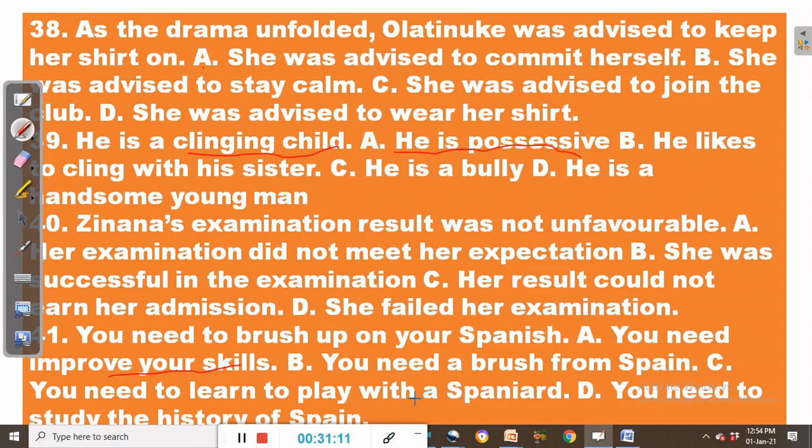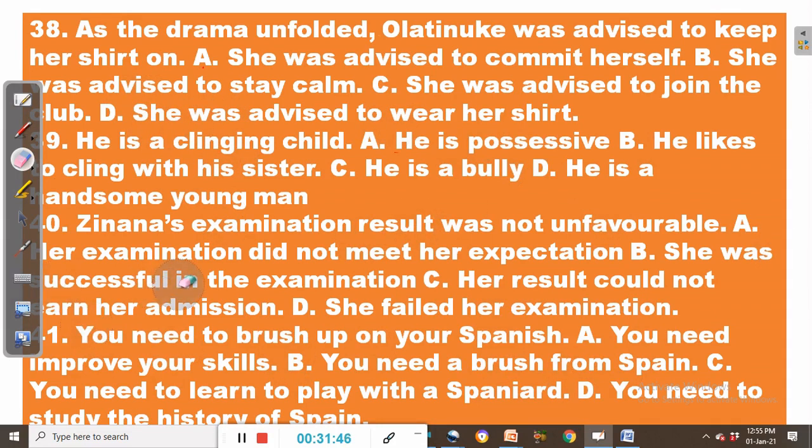These are all very awkward options. D, you need to study the history of Spain. All these are outrageous. So the only thing that makes meaning, which is actually close to the image we have already gotten based on the context clues and the image we have gotten from the sentence, is that you need to improve your skills.